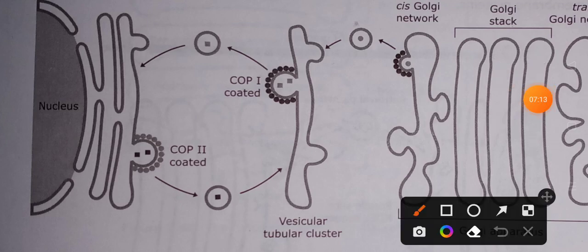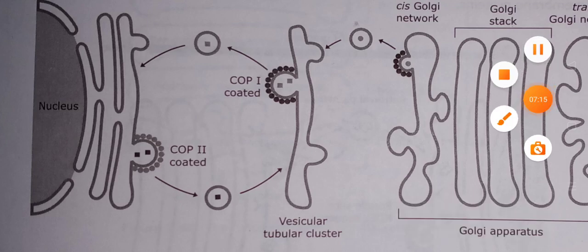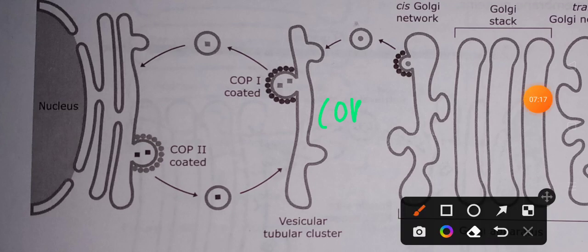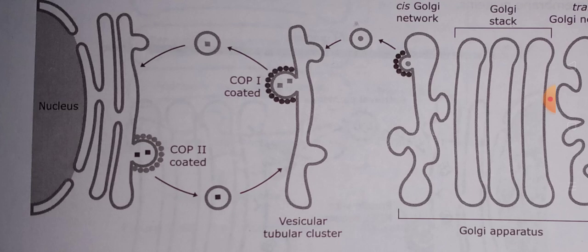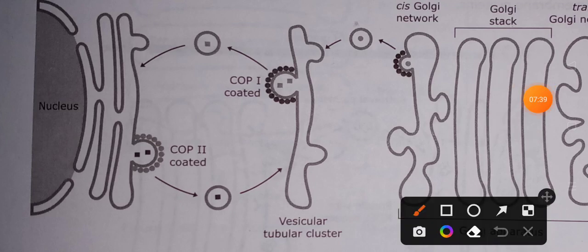The answer is no, because not only those COP1, COP2 or Clathrin proteins, along with that there will be some adapter proteins which are also very important, as well as some GTPase proteins or GTP binding proteins that will be present.